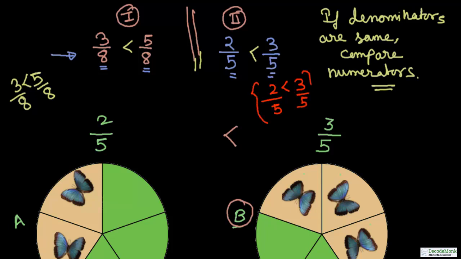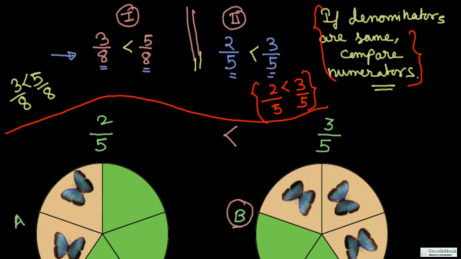Then we can easily say that 2 upon something is less than 3 upon something, where the somethings are equal numbers. I hope you got the point. This should be memorized, or known to you very well before proceeding further.